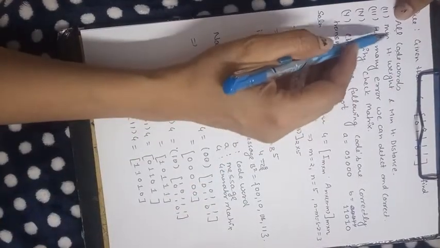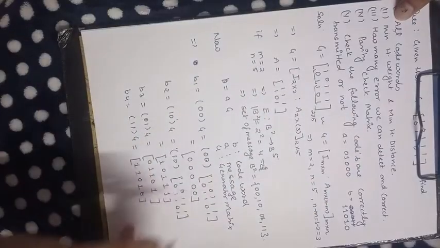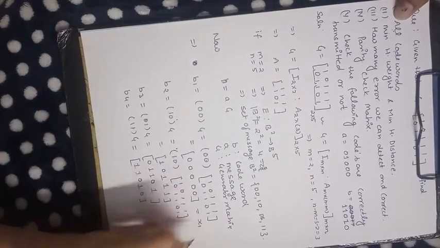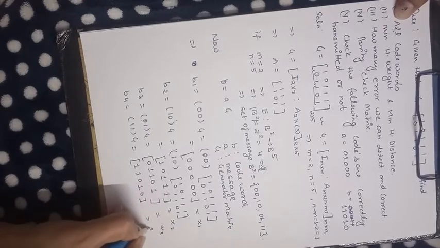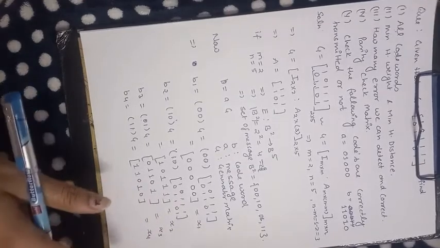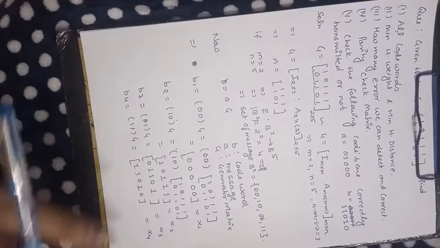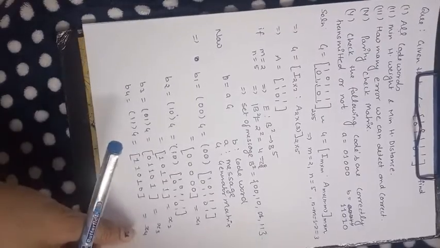Now the next question is the minimum Hamming weight and minimum Hamming distance. Suppose this is x1, this is x2, this is x3, this is x4, and we have to find the minimum Hamming distance between them.